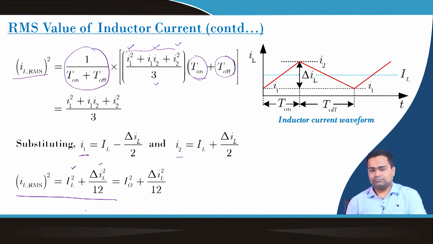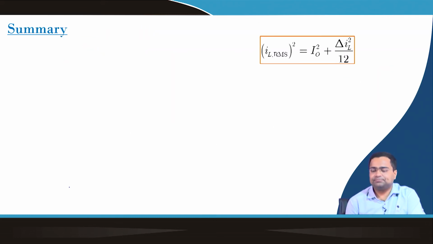So, in a buck converter, the average inductor current is the same as the average load current. So, we can summarize that the RMS current for a buck converter is the load current square plus the ripple current square by 12.